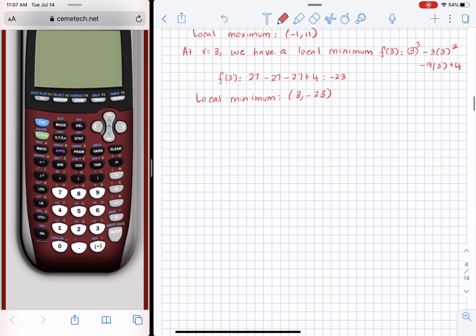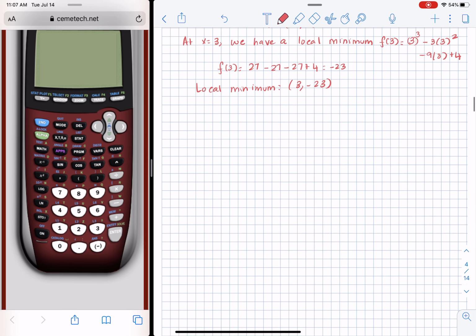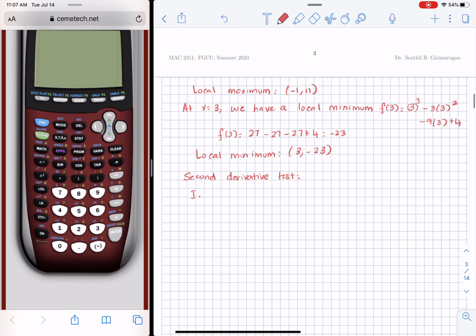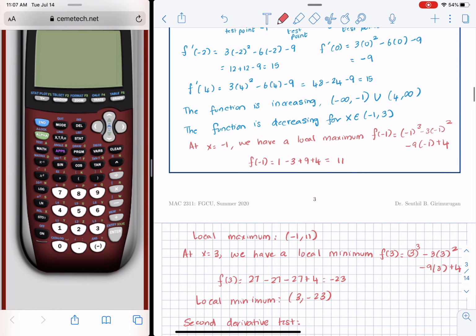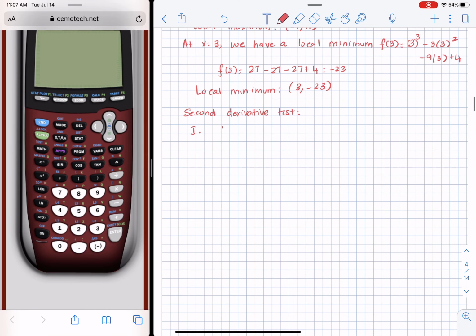Now what is the second derivative test? That is going to give us the concavity. So obviously we've got to find the second derivative first. The second derivative is 6x minus 6.